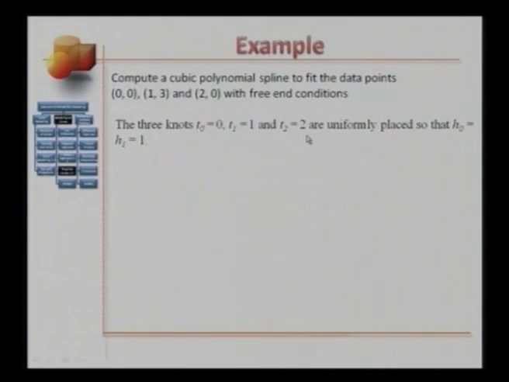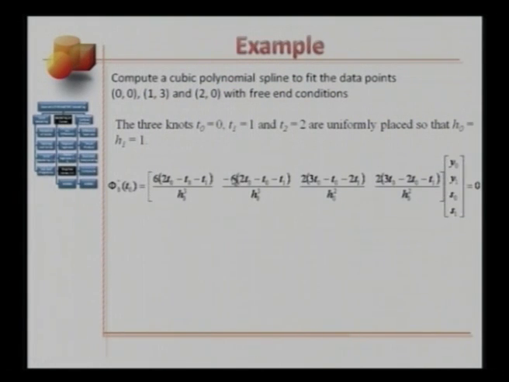We have uniform knot spans here. h0, which is t1 minus t0, is 1, and h1, which is t2 minus t1, is again 1. I would want you to remember the mathematics that we had gone through.